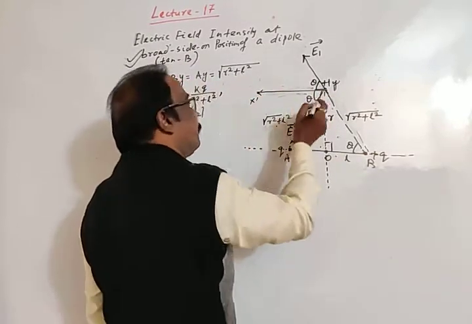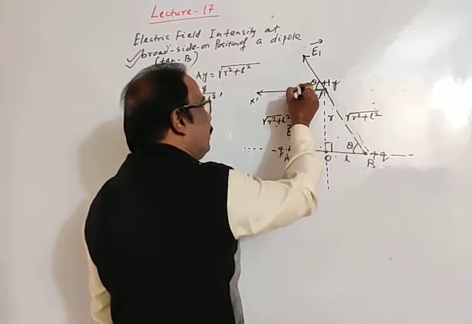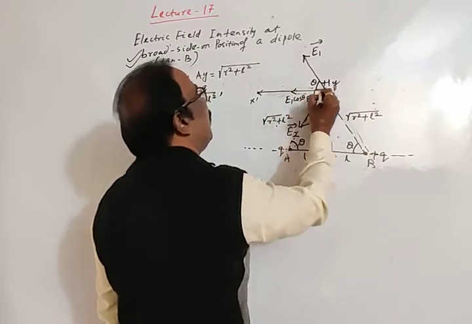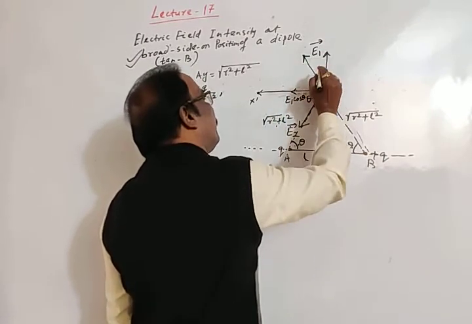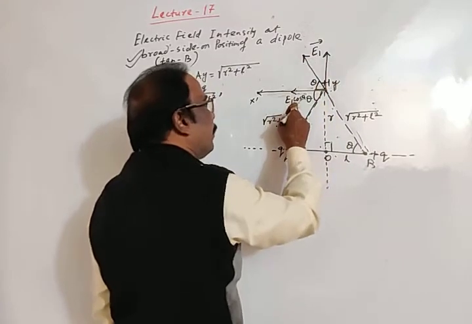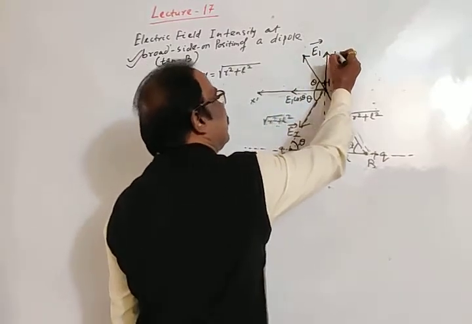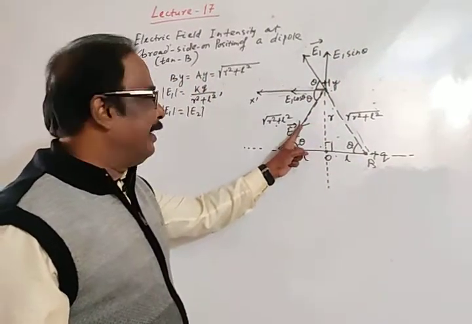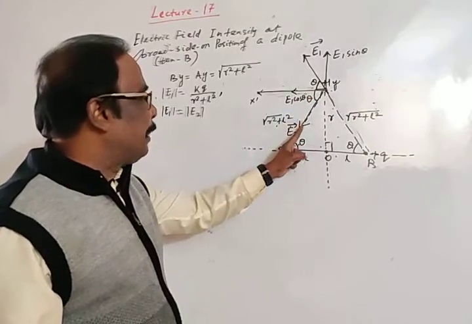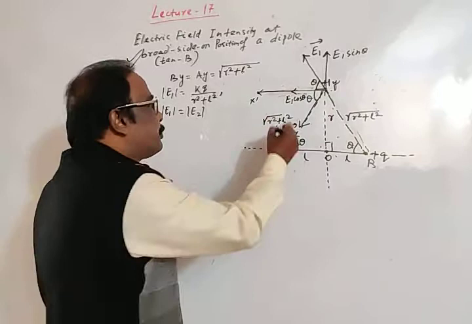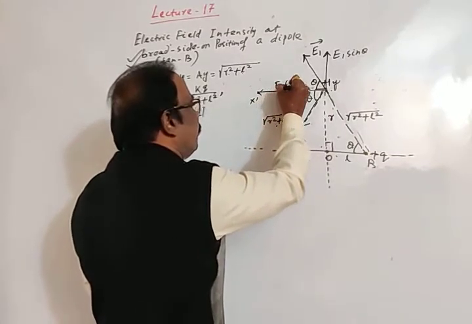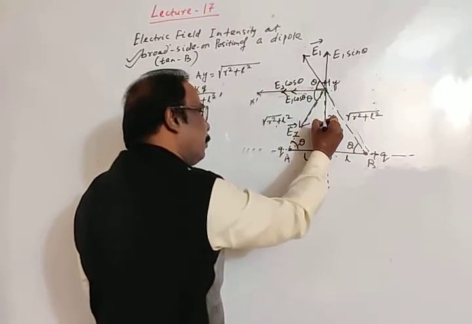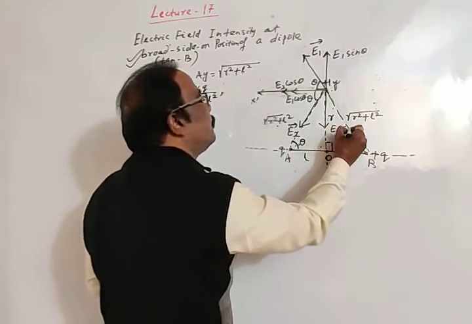Then the component of E1 along Yx dash is E1 cos theta, and the other rectangular component is E1 sin theta. Similarly, we may resolve the field intensity E2, this angle is theta. So the component of E2 along Yx dash is E2 cos theta, and the other rectangular component is E2 sin theta.